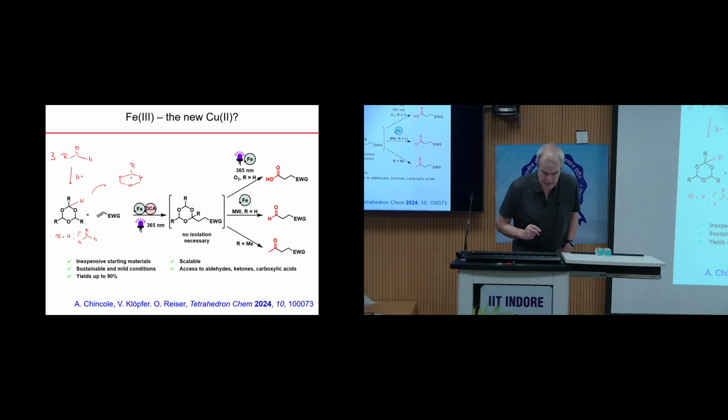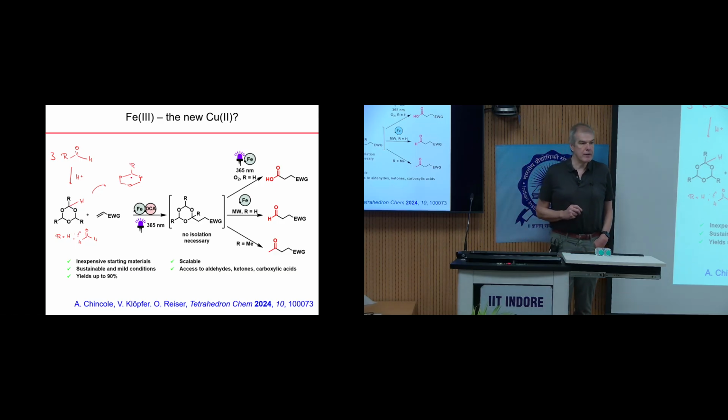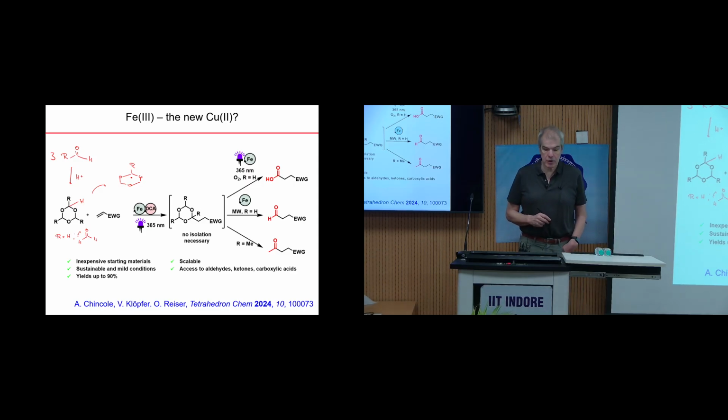That's what I should have said. Because if this happens, we have seen yesterday that radicals which have in the neighbor position a heteroatom like an oxygen are especially stable. And so this radical has even two oxygens next to it. So we felt that this should work.